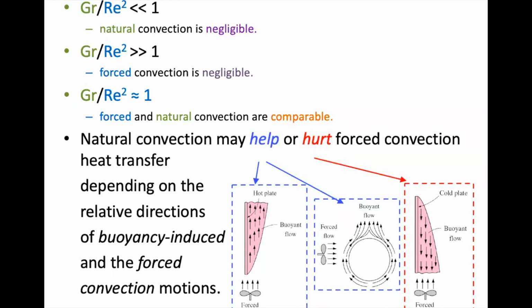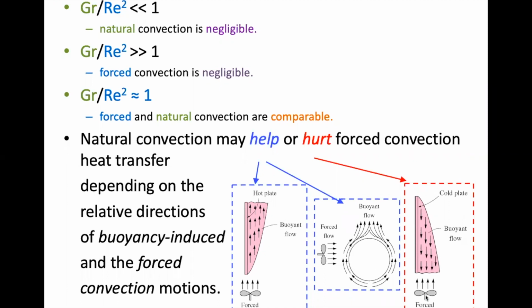So natural convection can help or hurt the forced convection heat transfer depending on the relative directions of the buoyancy induced and the forced convection motions. And I put here some examples for you, where in blue, due to the direction of the buoyancy induced and the forced convection motions, natural convection is helping the forced convection.